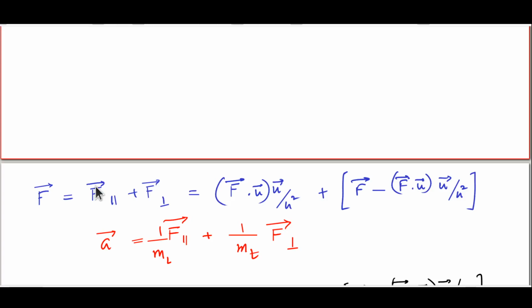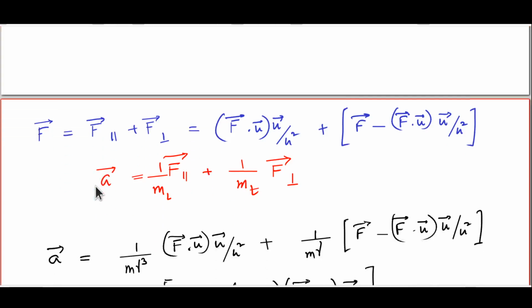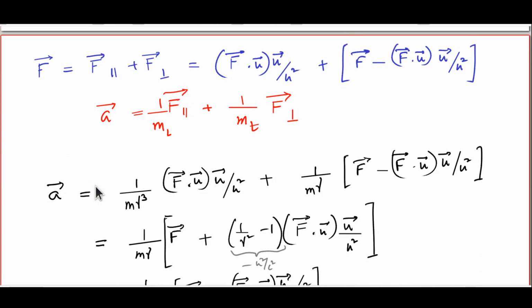And the net acceleration will simply be the sum of these two terms. So, we can put all of these together and write acceleration is 1 by m gamma cube times F parallel plus 1 over m gamma times F perpendicular.